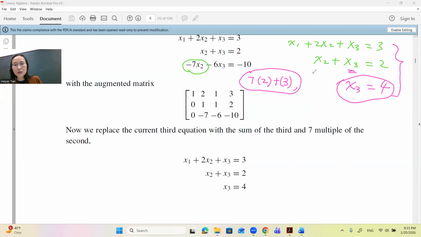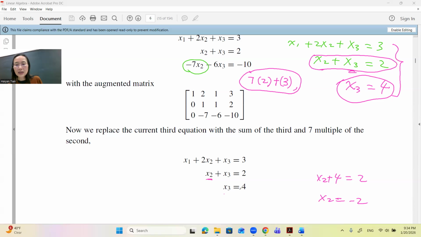From x3, which is 4, you solve for x2 from the second equation. So x2 can be found as 2 minus 4, which is -2, so we get x2.